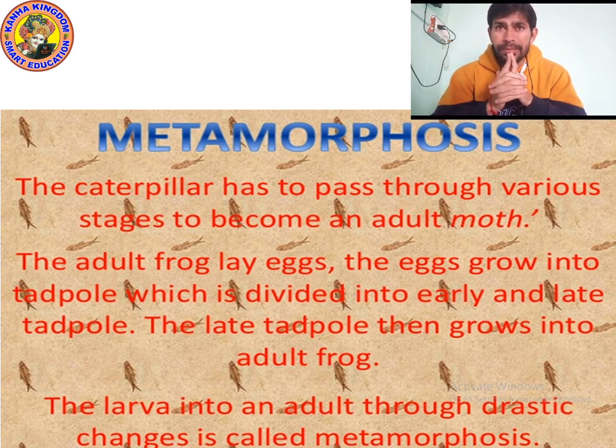If I talk about the butterfly, the egg of the adult moth, from the adult moth egg, the larva comes out, or you can say caterpillar, which passes through various stages and becomes an adult. So what is actually happening is the larva is converting into adult form.